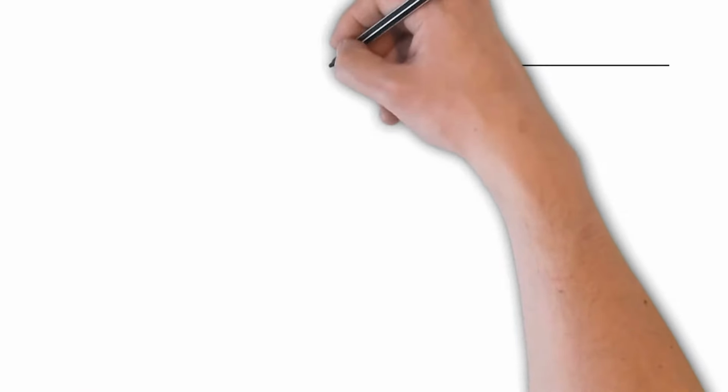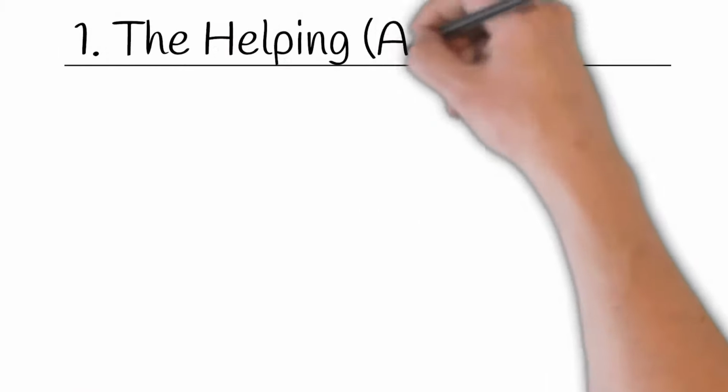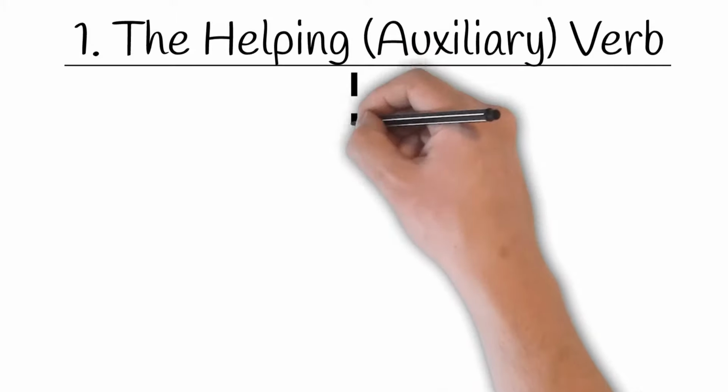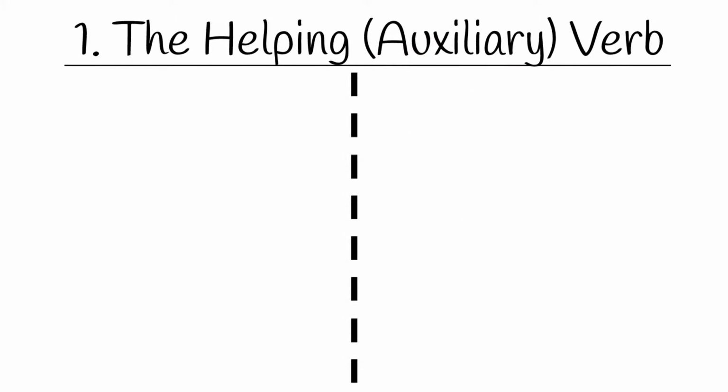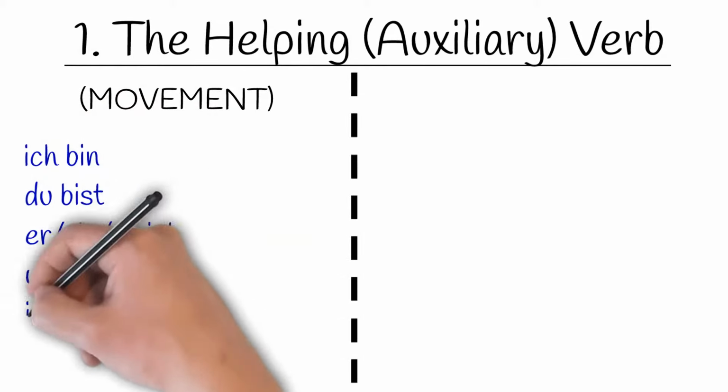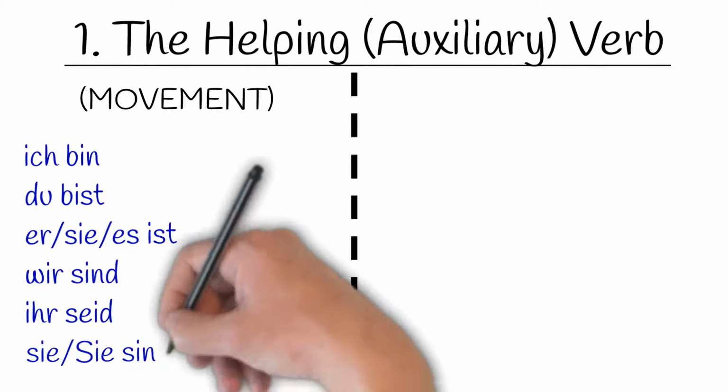To begin with, let's look more closely at the helping verb, which is also called the auxiliary verb, which is just longer and harder to remember. We have 2 different categories in German. If in the main verb there is movement or transition of state, then we simply use the verb sein, which we conjugate, as we know, as ich bin, du bist, sie, es ist, wir sind, ihr seid, or sie sind.